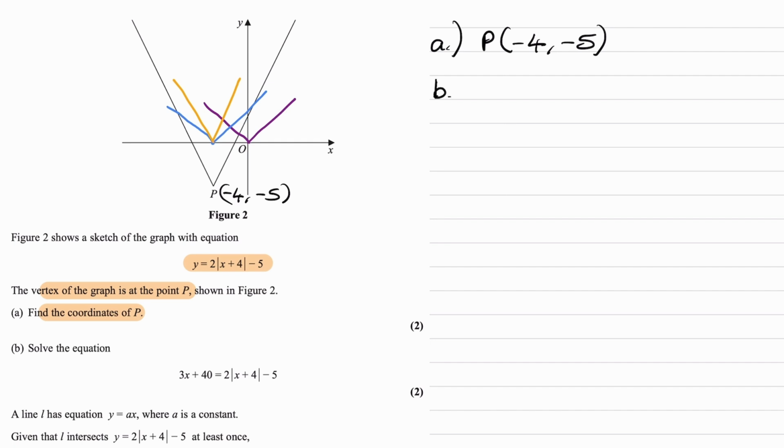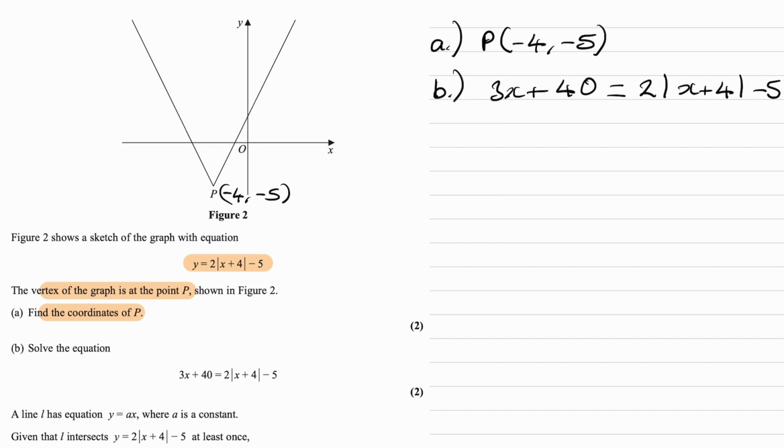And then for Part B, we're solving this equation: 3x plus 40 is equal to 2 times the modulus of x plus 4, minus 5. Right, so in previous videos, I showed you a graphical way of solving this. What I'm going to do now is solve it in an algebraic way, so this does not involve any graphs.